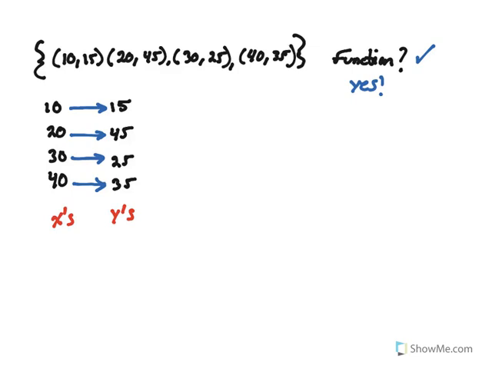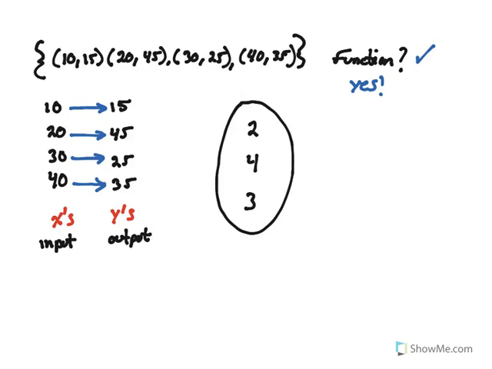All right? And that's called the mapping. Let's say I gave you the mapping. Again, when I say x, this is the input, and your y is your output. So let's say you had 2, 4, and 3. That's going to be my one area here. The other one's going to be 20, 30, and 40.